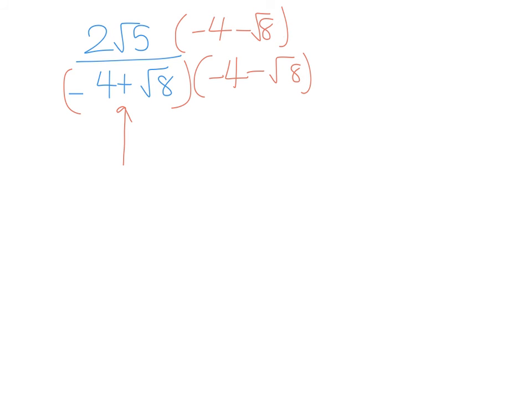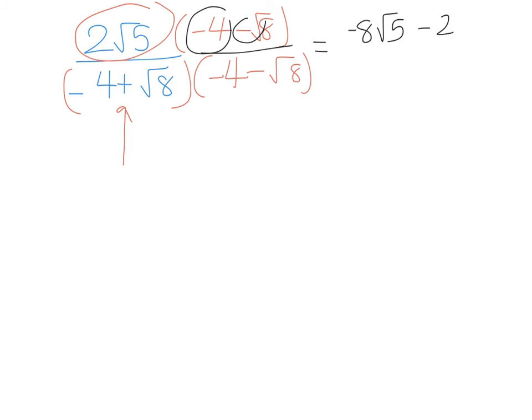On the top, I'm distributing this whole thing times this. So that would give me negative 4 times 2 is negative 8 rad 5, minus 2, and then I'm multiplying rad 5 times rad 8, which would be rad 40. On the bottom, I have to FOIL.